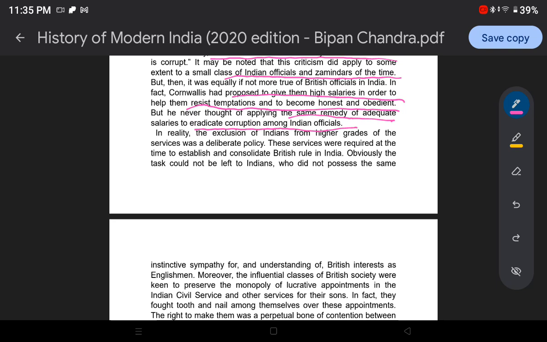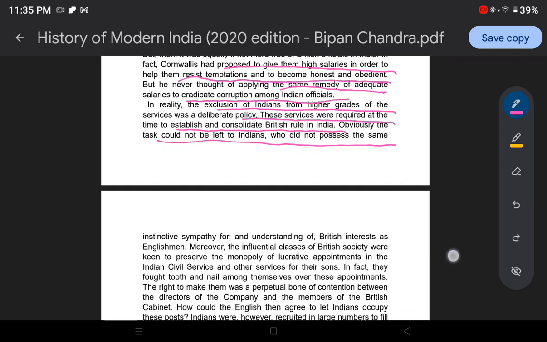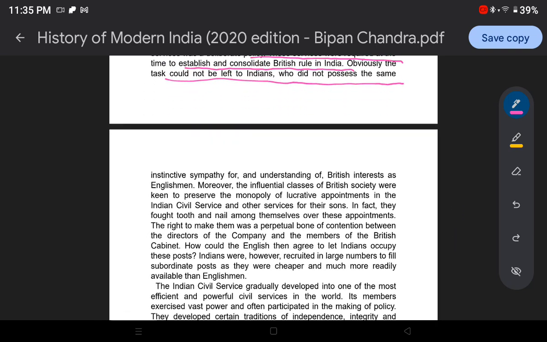In reality, the exclusion of Indians from higher grades of the services was a deliberate policy. These services were required at the time to establish and consolidate British rule in India. Obviously, the task could not be left to Indians who did not possess the same instinctive sympathy for and understanding of British interests as Englishmen.